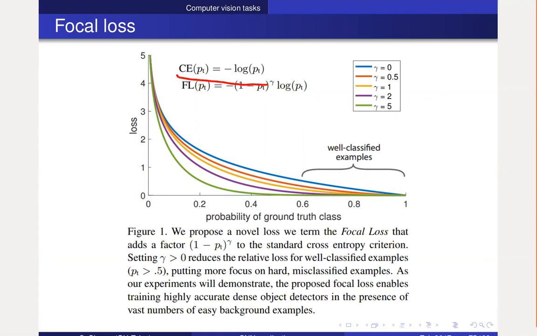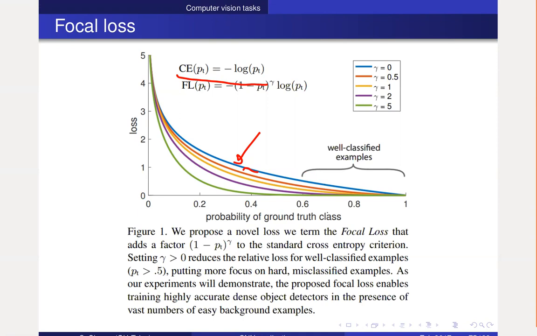If we show the cross entropy loss, it looks something like this. It gives significant, maybe not a lot, but still significant weight to the samples that are doing quite well already.